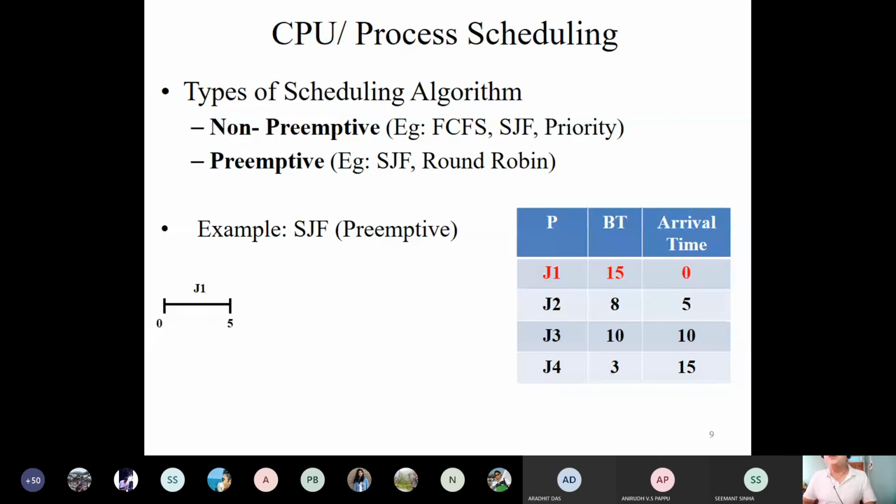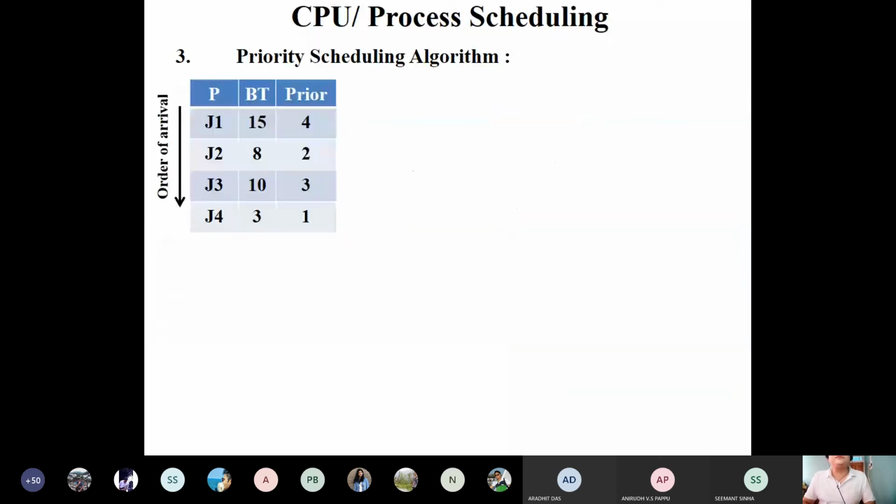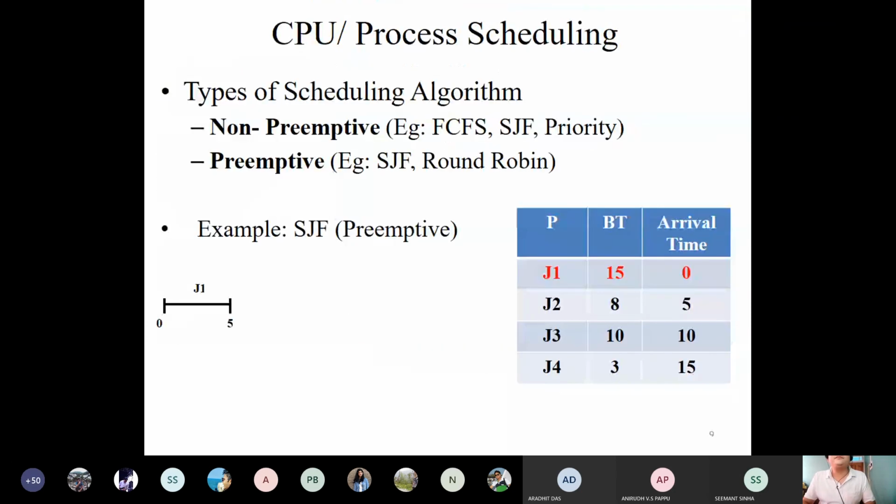Now at time t equals 5, job J2 has arrived with 8 units. Till then, job J1 has already completed 5 units.